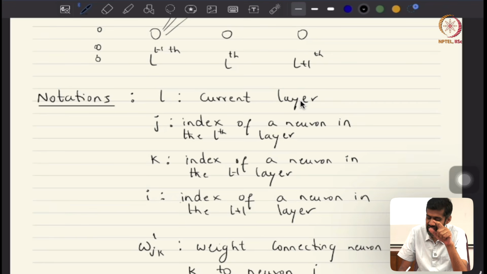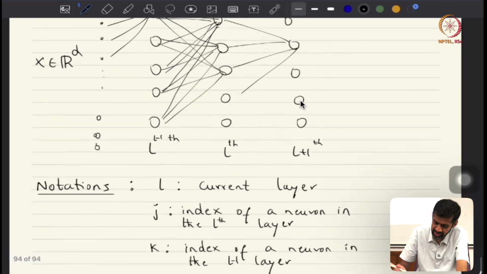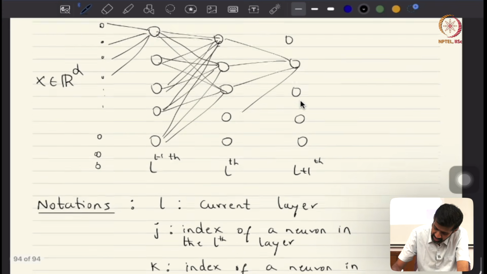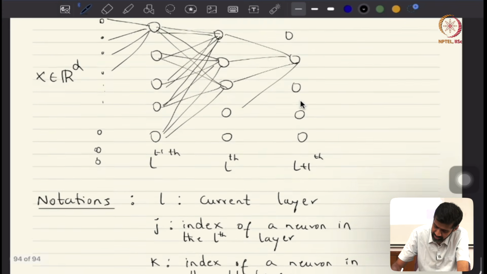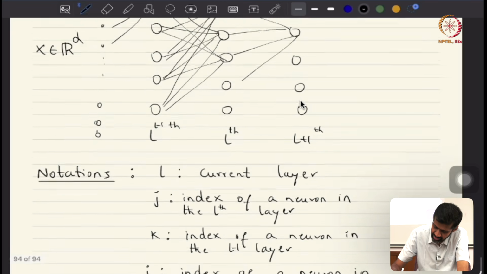So, W J K L is the weight that connects K to J. So, this is how it is, right. So, index of this is in L minus 1, K to J.